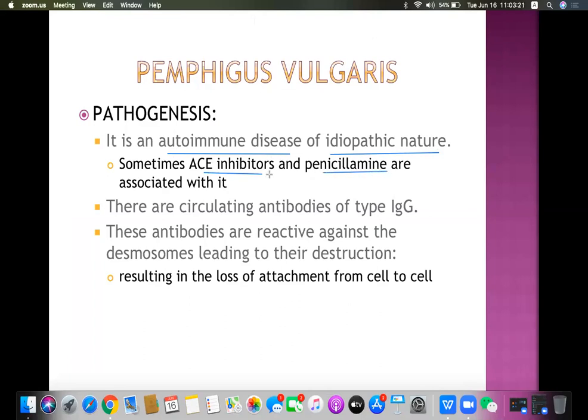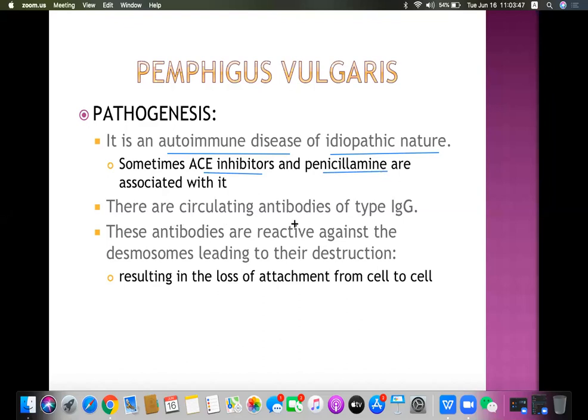We all know ACE inhibitors are very important drugs used in clinical practice, antihypertensive drugs, used in cardiac failure, even in ischemic heart disease. Sometimes they may be associated with autoimmune phenomena like Pemphigus vulgaris. And penicillamine is the drug we use for the treatment of Wilson disease.